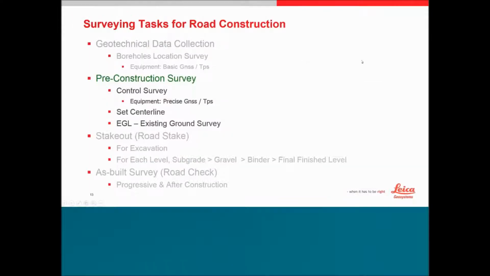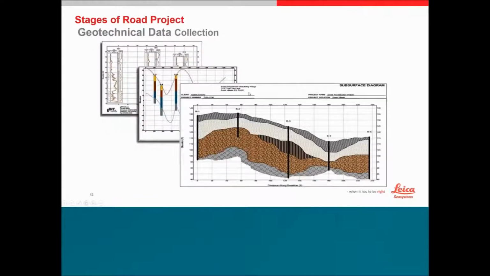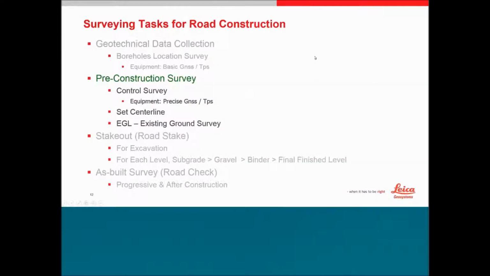And the next stage is the pre-construction survey. Before that, the next stage actually is the design of the road. Then it's the pre-construction survey. So they have to set up the center line of the road.